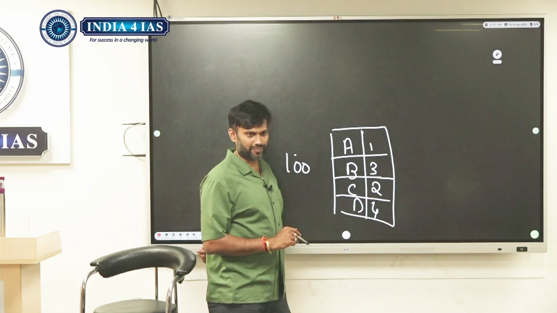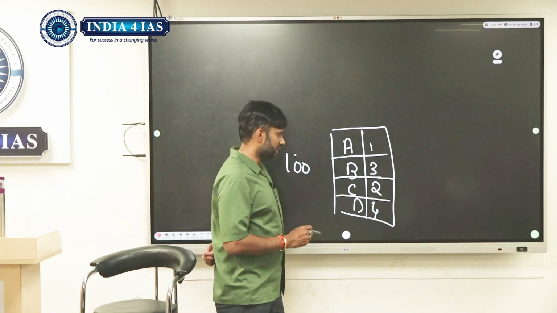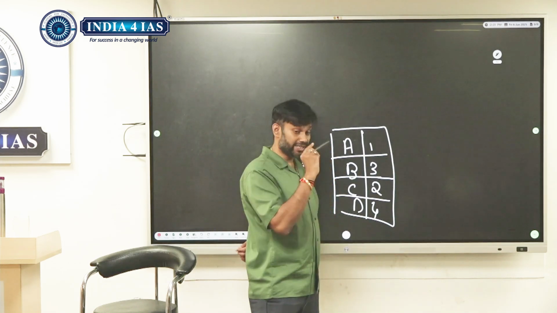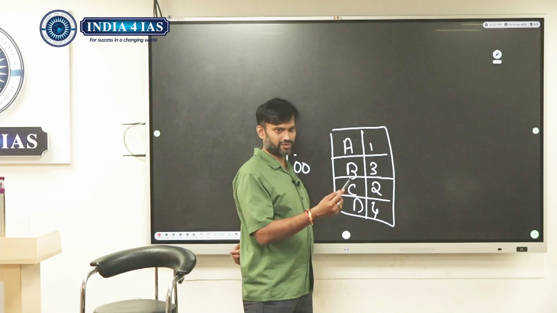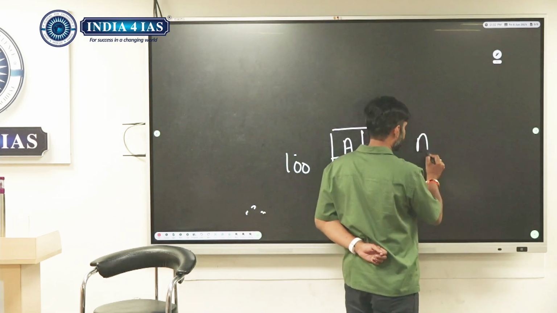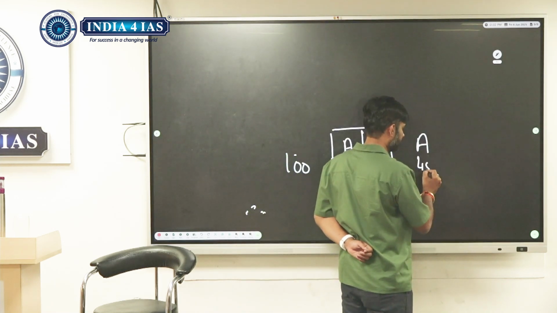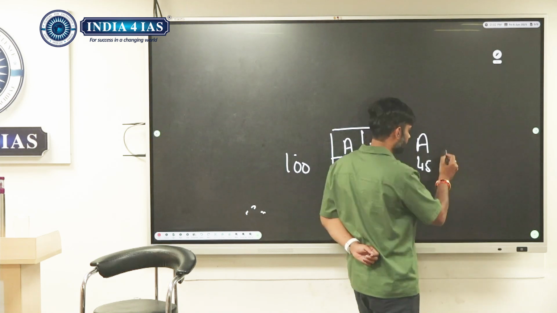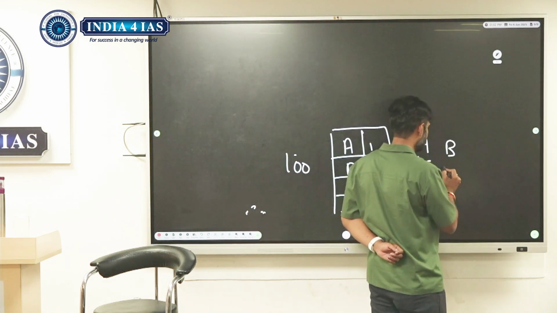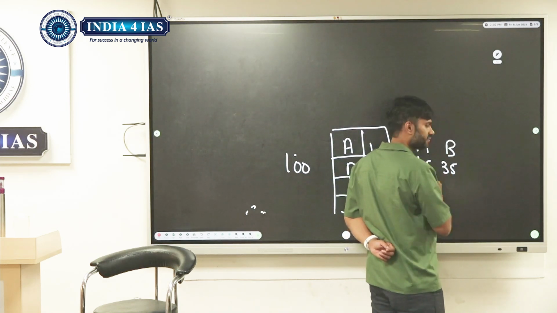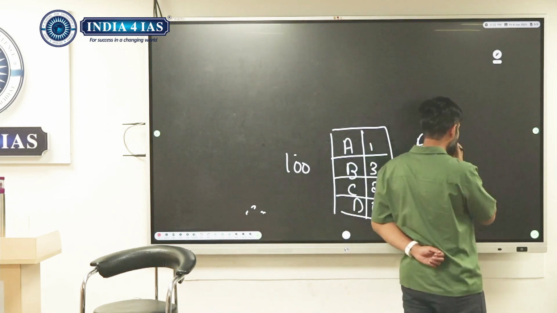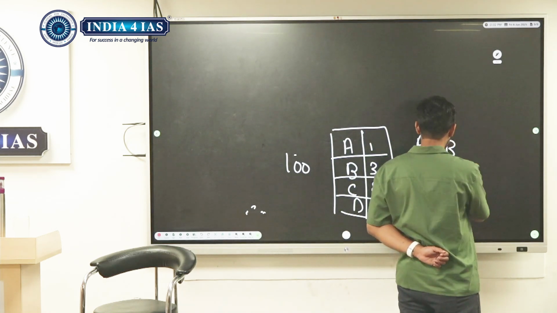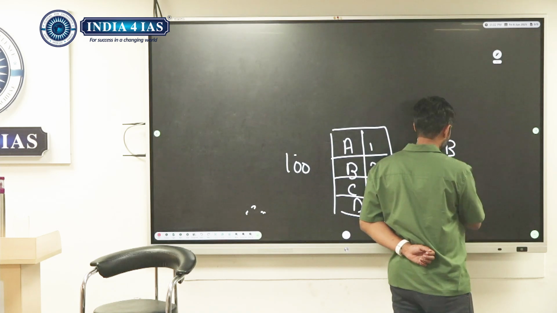When counting will happen, first round, they will count how much each candidate has got first preference vote. Okay, so let us check. A has got 45 first preference vote. B has got 35 first preference vote. Okay, and let us take C is got 30 first preference vote.